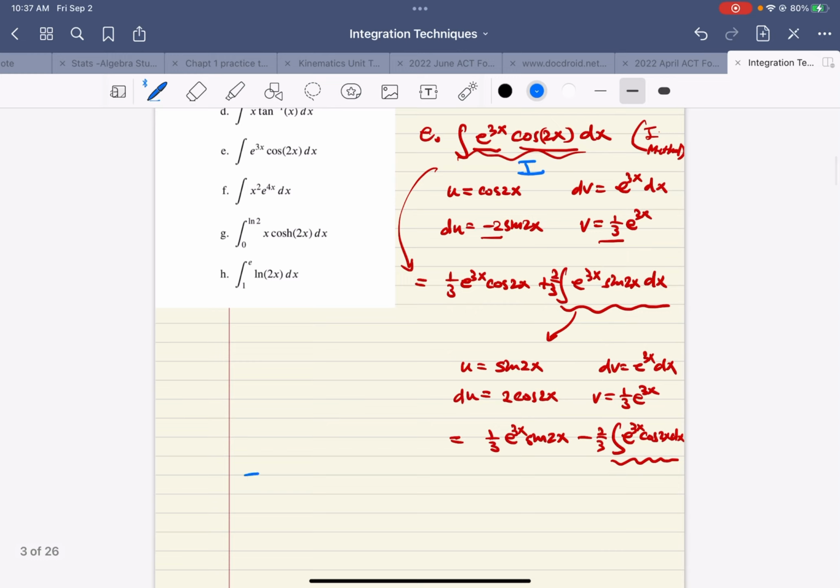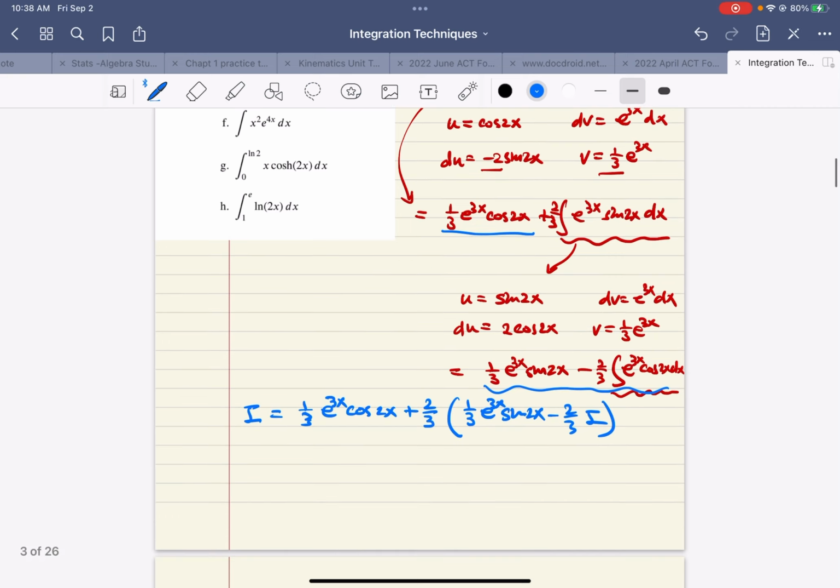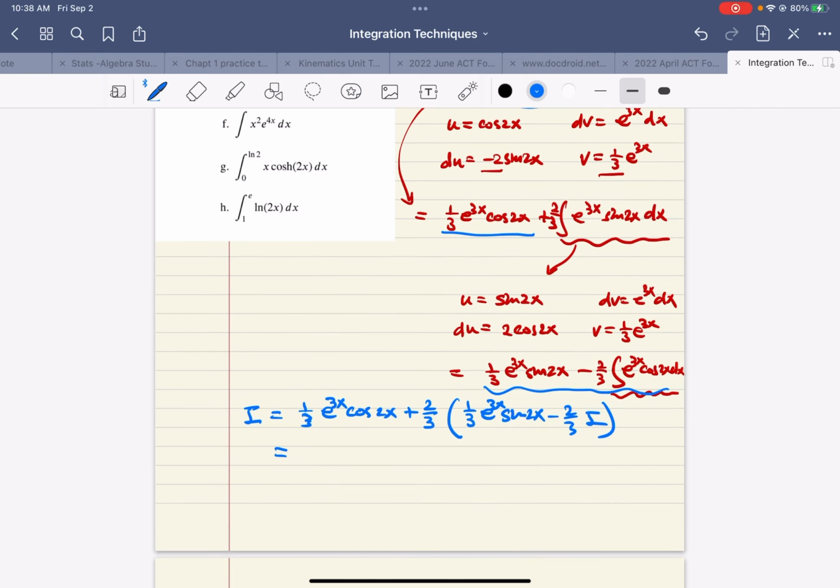So the entire problem so far: I equals, I'm going to copy this, 1/3 e to the 3x cosine 2x plus 2/3. Now I'm going to copy this one in here. So that is 1/3 e to the 3x sine 2x minus 2/3, and let's say this also is I. Let's multiply it out.